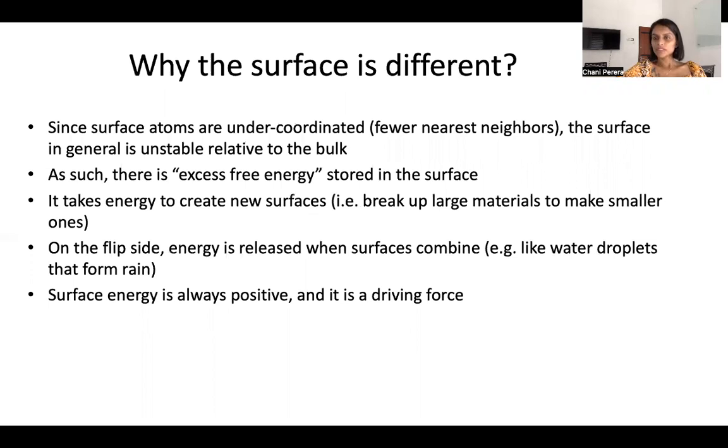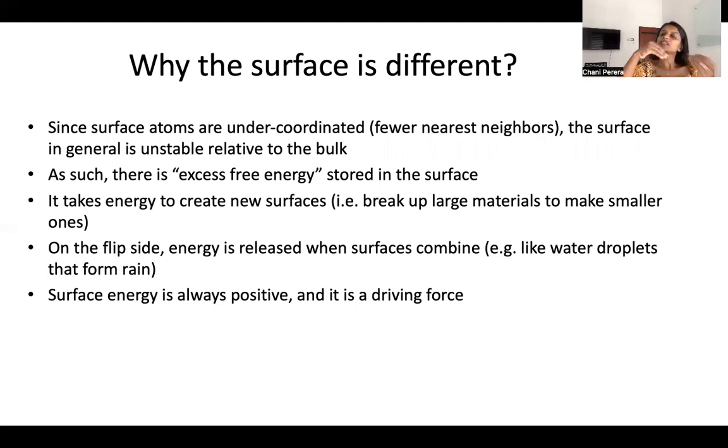So why is the surface different? As we talked earlier, since surface atoms are undercoordinated, as I told you in the previous slide, they have fewer nearest neighbors. The surface in general is unstable relative to the bulk, because the bulk material is surrounded, but here it's not like that. It is more exposed, therefore it's unstable.